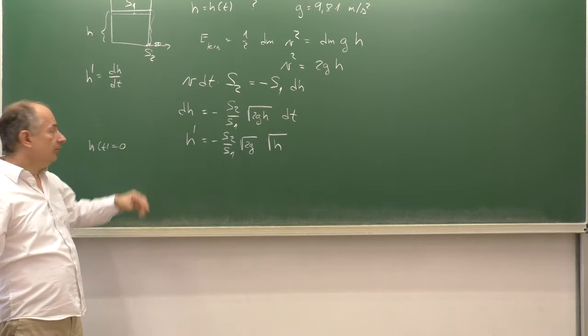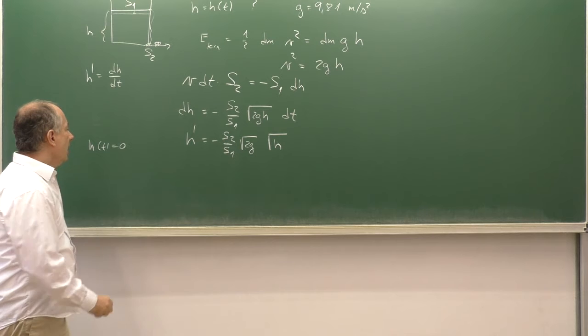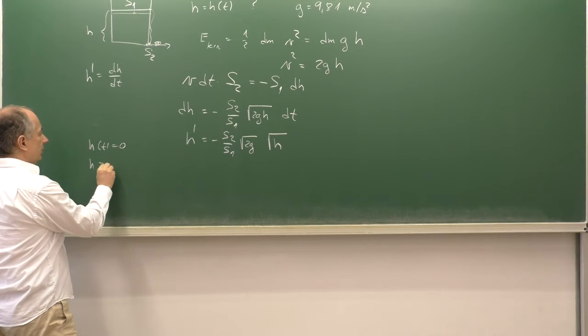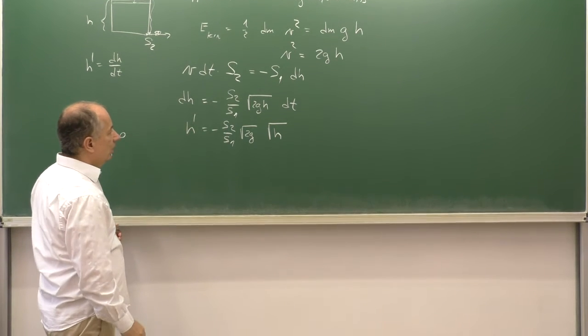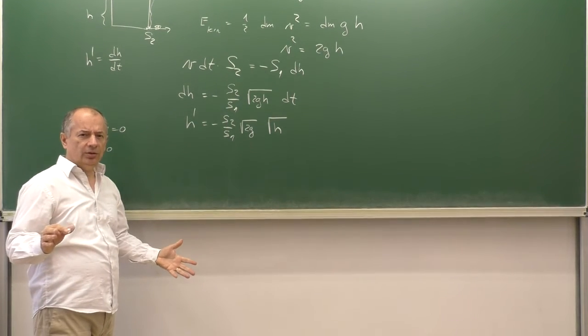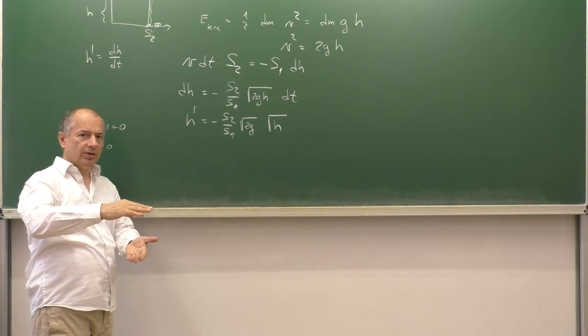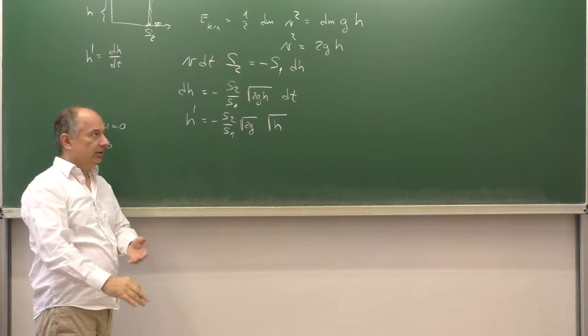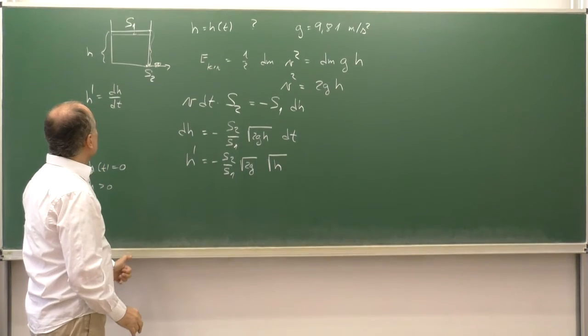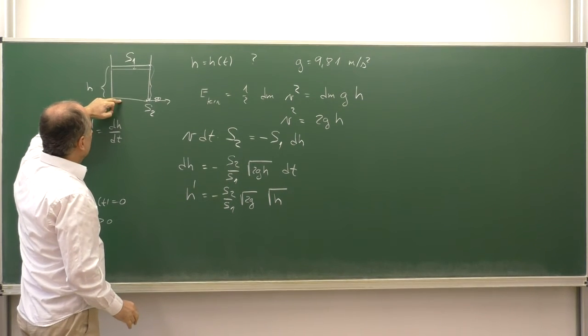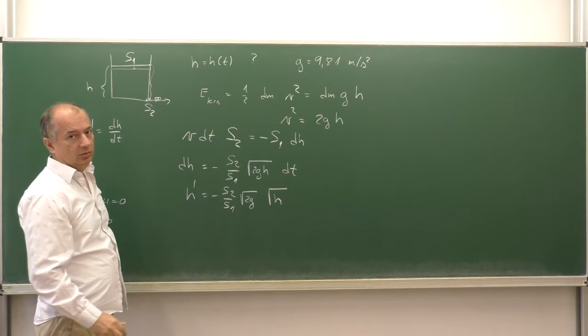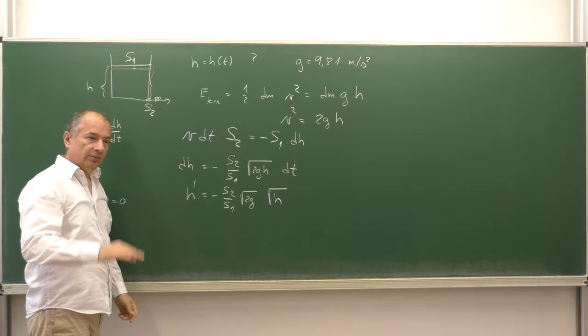Yes, this is a solution. And for h different from 0, we don't consider negative h. We assume that the water goes down and then stays at 0. It doesn't go to negative h. Well, we measure the height, not from the bottom, but from the position of the hole, if it is not at the bottom exactly.